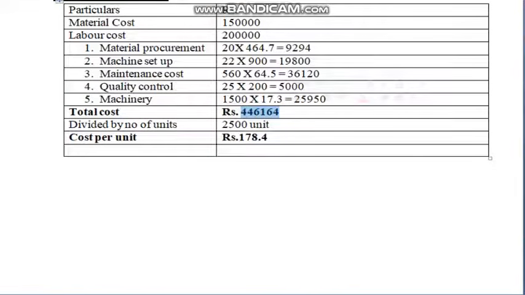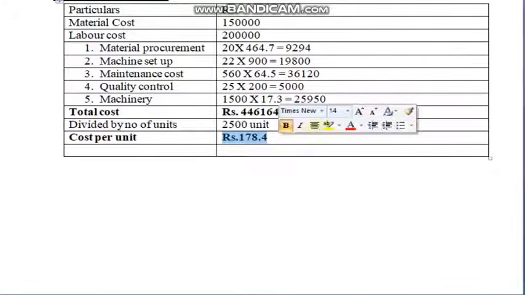Then what's the cost per unit? In order to calculate cost per unit, divide total cost by number of units. You will get the cost per one unit as 178 rupees 40 paisa.